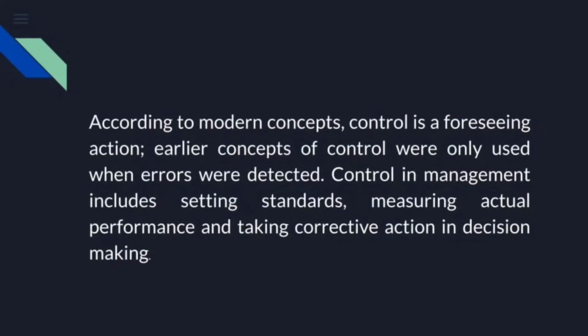So, in the modern concept, control is a forcing action. Earlier concepts of control were only used when errors were detected. Control in management includes setting standards, measuring actual performance, and taking corrective action in decision making.